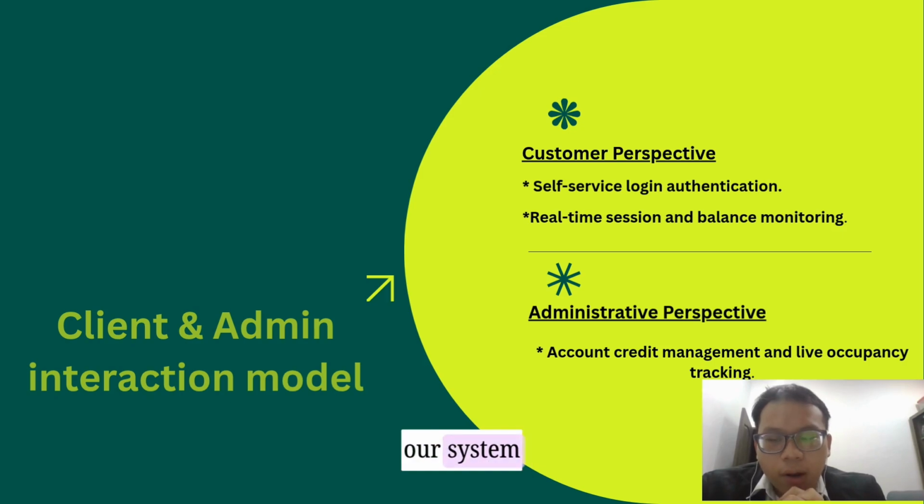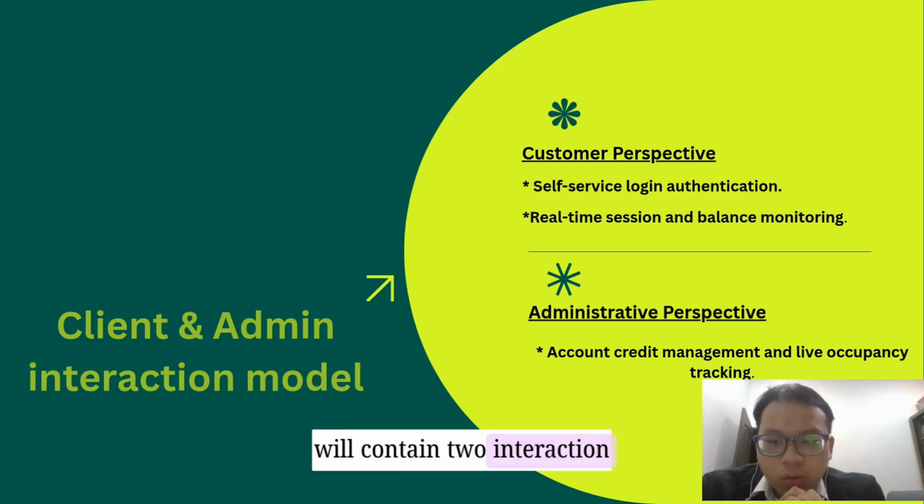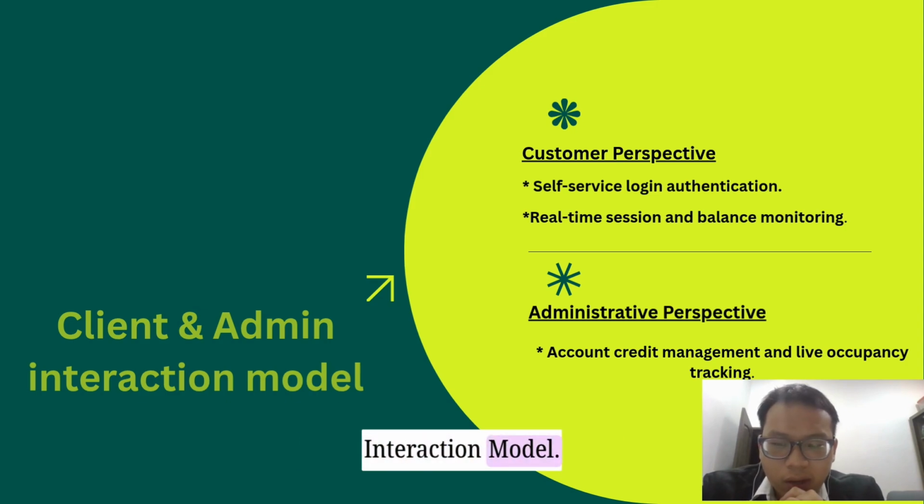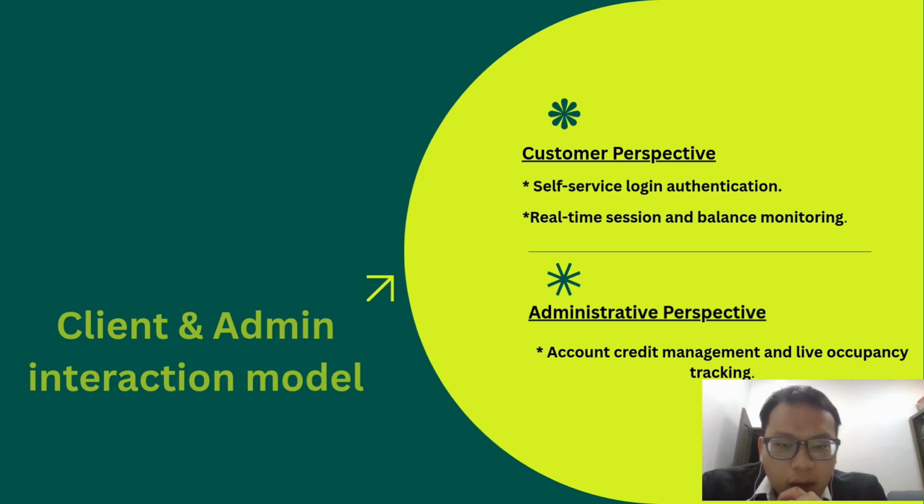Besides that, our system will contain two interaction models, which are the client interaction model and the admin interaction model. For the client, customers can log in themselves to check the balance and also check how much time they have left. For the admin, they can manage all the computers in one place.